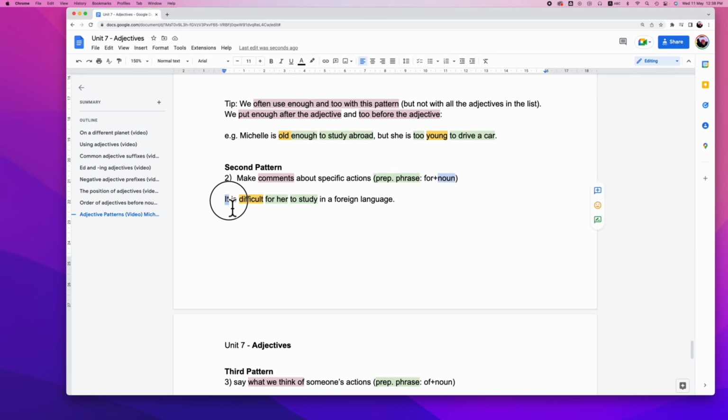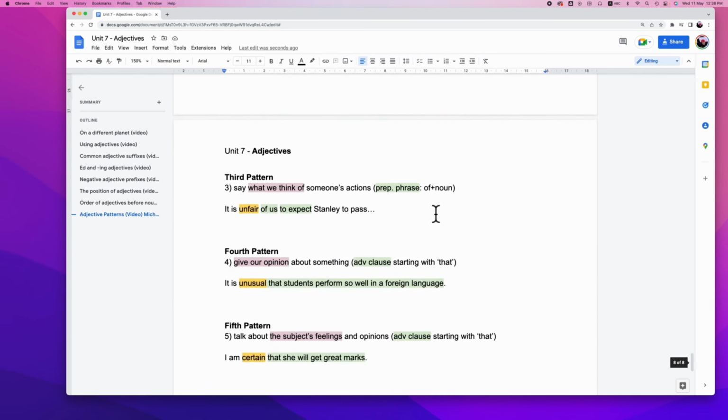Example: it is difficult for her to study. Difficult is the color yellow, the adjective. For her, difficult for whom? For her. It's telling you more about difficult. For her to do what? To study in a foreign language. This is the second pattern we use to make comments about specific actions.